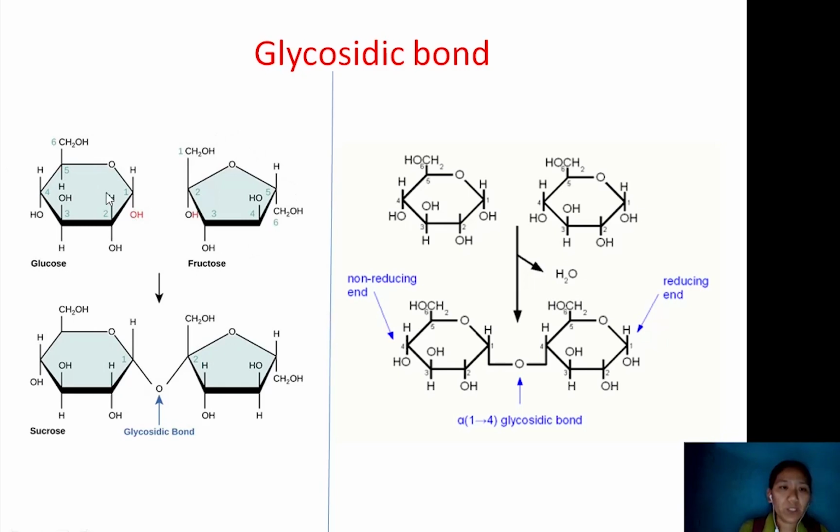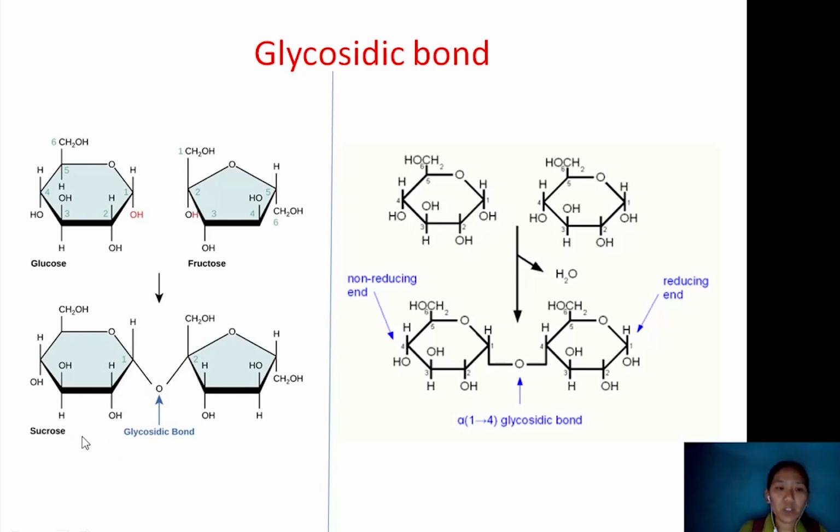Now, in this glucose, the first carbon carries the aldehyde group, and the second carbon of the fructose carries the ketone group. While forming the bond, they release water and form a bond called the glycosidic bond, a 1,2 glycosidic bond in sucrose.